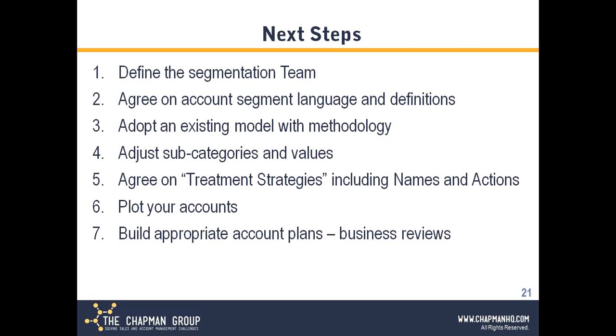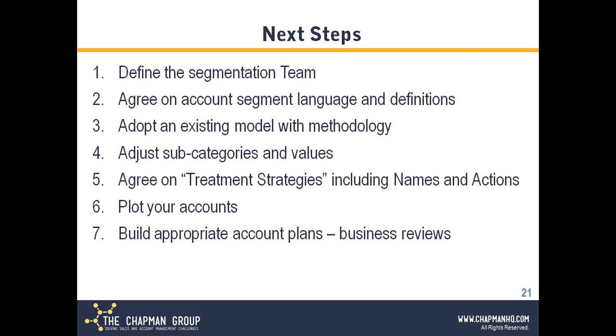Once you've got that, you actually just keep the process going. Plot your accounts. Put them in there. Get it completed. Solicit the information from the organization and get all the accounts that you want to segment plotted, and then take appropriate actions in rolling that information out to the appropriate SAM and or their SAM team.